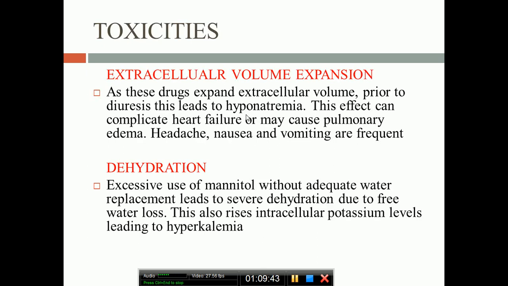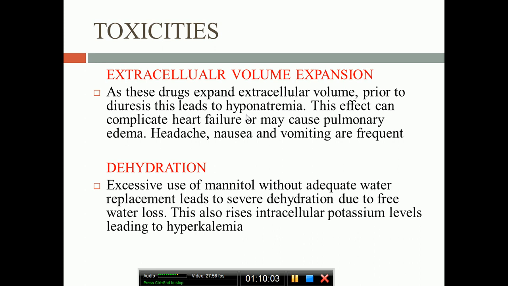Toxicities. Extracellular volume expansion. Obviously, these drugs expand extracellular volume prior to diuresis. This leads to hyponatremia. Why? Because the sodium will be diluted.